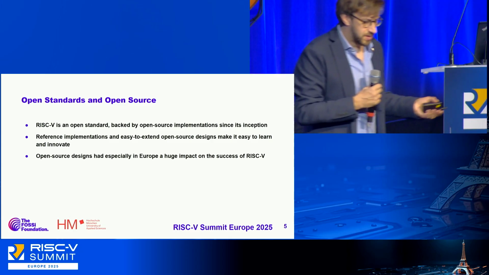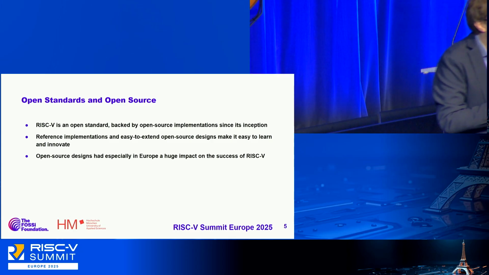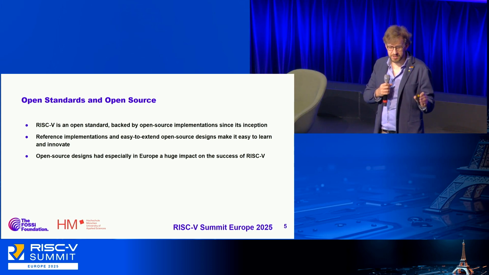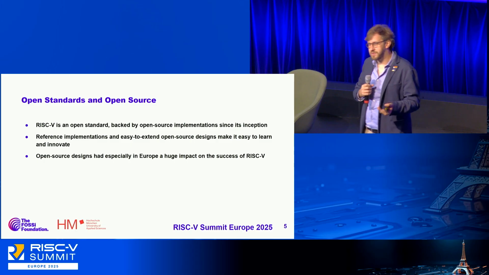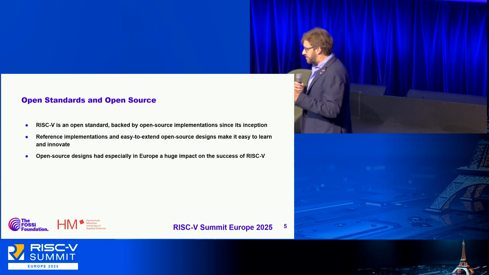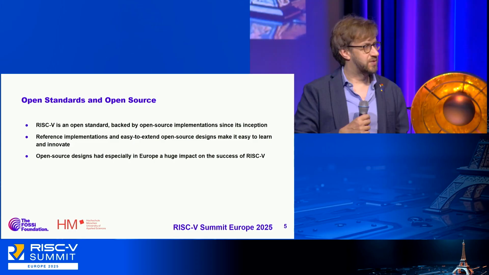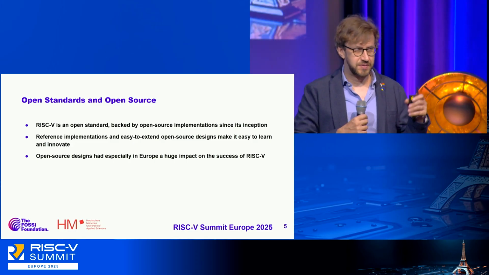Especially in Europe, we had very strong groups from the beginning. If you think about the Pulp team, for example, and various other academic and industry groups, there was a strong involvement in the open source community in RISC-V, driving the availability of RISC-V cores. And Europe has always been very strong in this aspect.